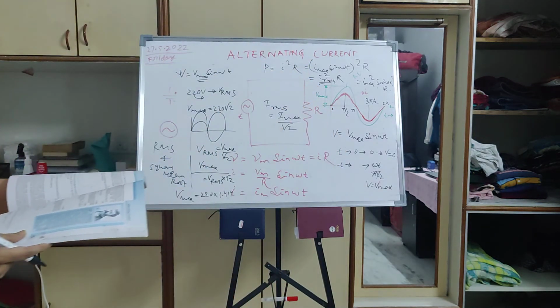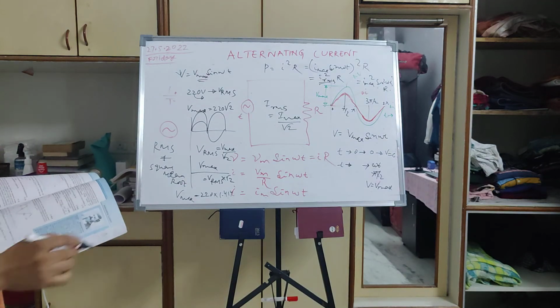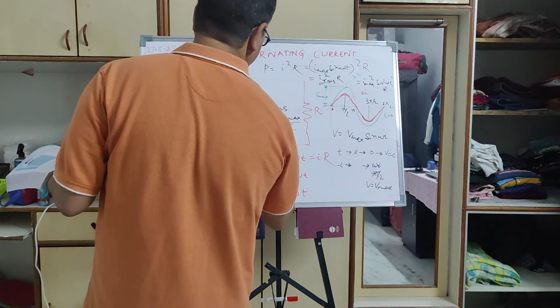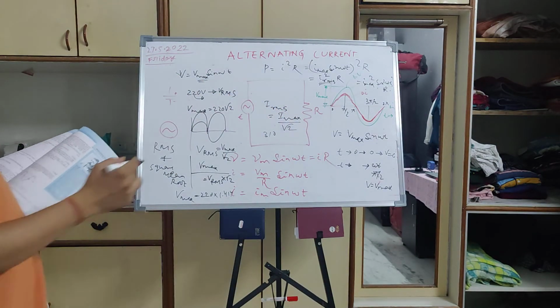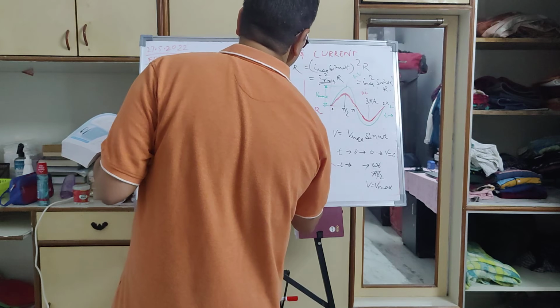Let us say in our house, actually it will be something around 310, that is the max, but 310 by root 2 will be something around 220.